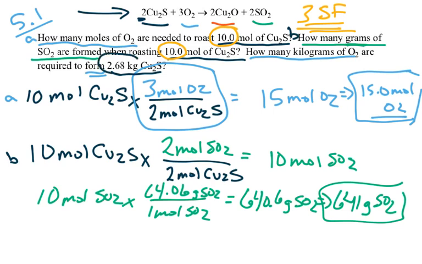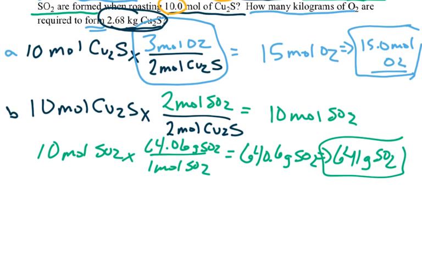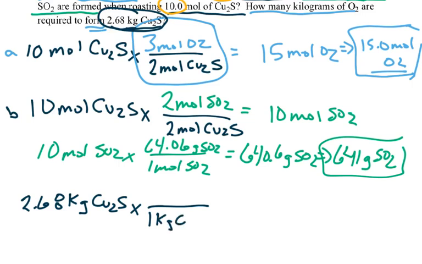So once again, this is where we're going to start. We're off the island because we're in grams, and we're in kilograms actually. And so we have to go from 2.68 kilograms of Cu2S. Our molecular weight is always in grams per mole, so we have to first get 1 kilogram of Cu2S. Remember, it's 1 times 10 to the third grams.